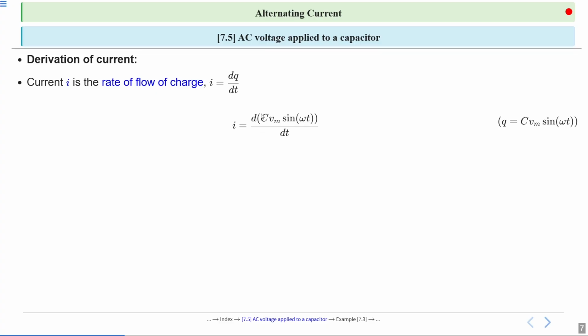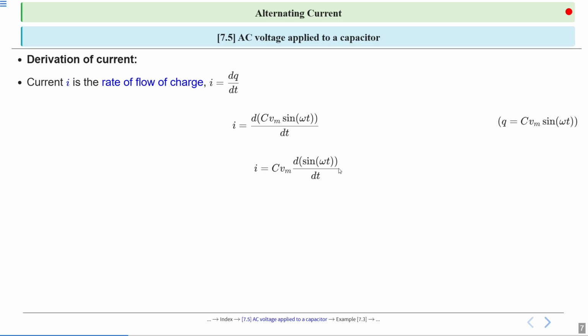This C, the capacitance of the capacitor, is constant. For a given capacitor, capacitance is constant, and this Vm, the peak value of voltage, is also constant. So they will come out of the derivative. In the derivative only d sin omega t upon dt remains. So I equal to C Vm d sin omega t upon dt. What is the derivative of sin omega t?